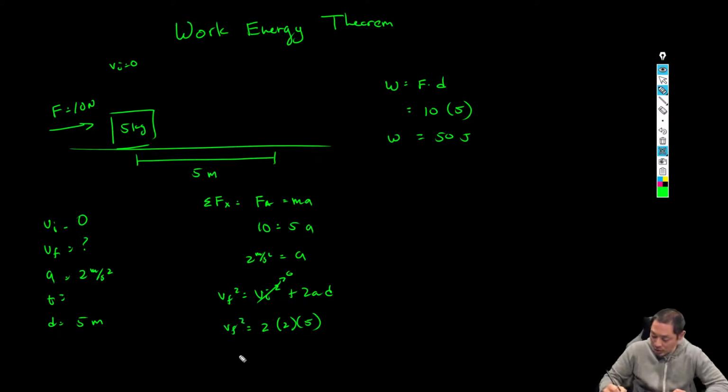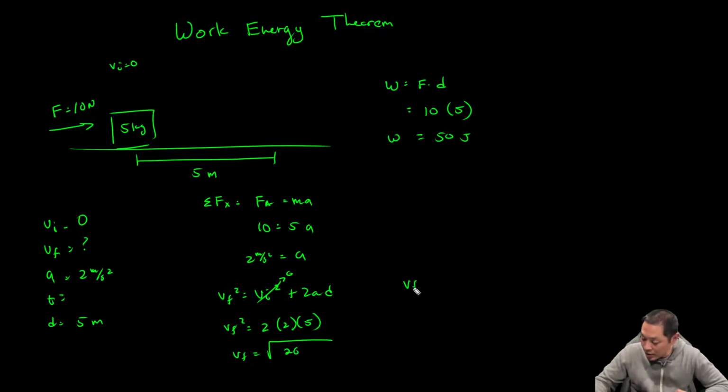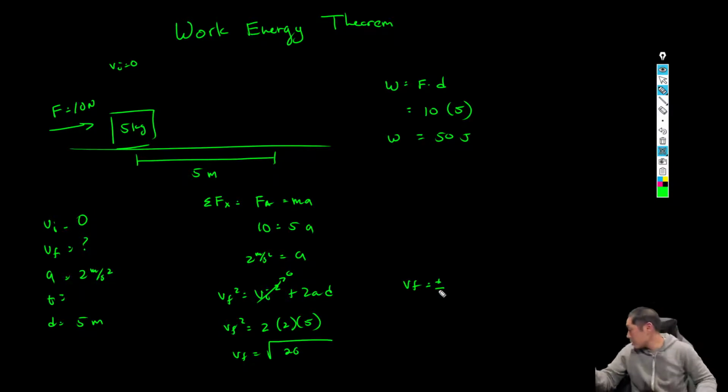VF squared is 4 times 5, which is 20, so VF is equal to plus or minus the square root of 20, which is 4.47.